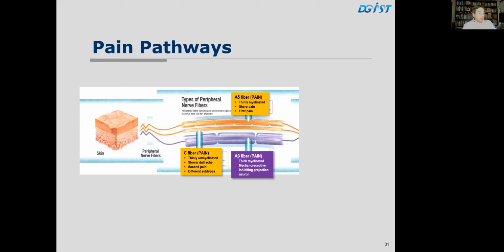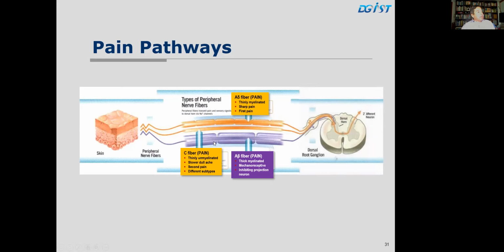So you may have a sharp pain from a burn, and then that sharp pain goes away, which was delivered by the A delta fibers, and you get a duller pain, a slower pain, what we call the second pain, coming through the C fibers. And then you have the A beta fibers, which are mechanoreceptive. They're also pain receptors. They're thick myelinated, very fast, but they're more related to pressure. And they also inhibit these projection neurons going up.